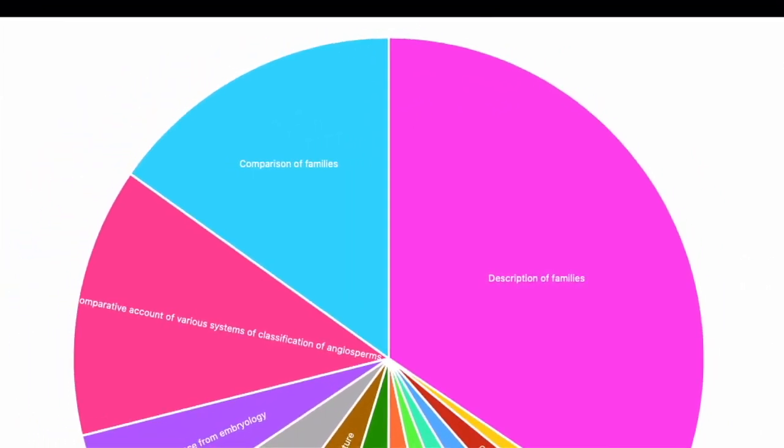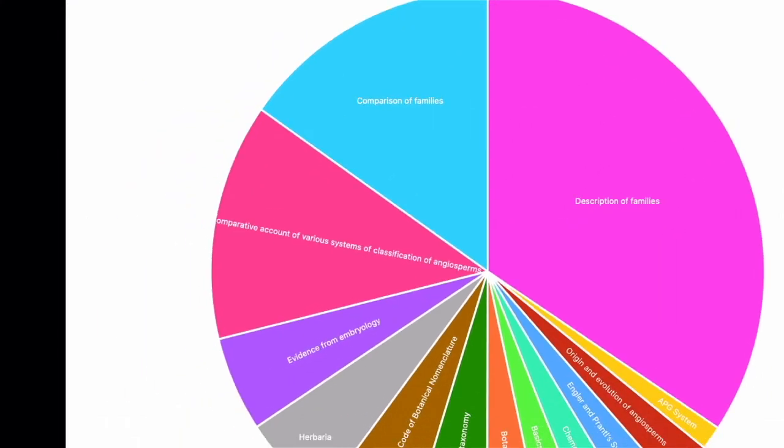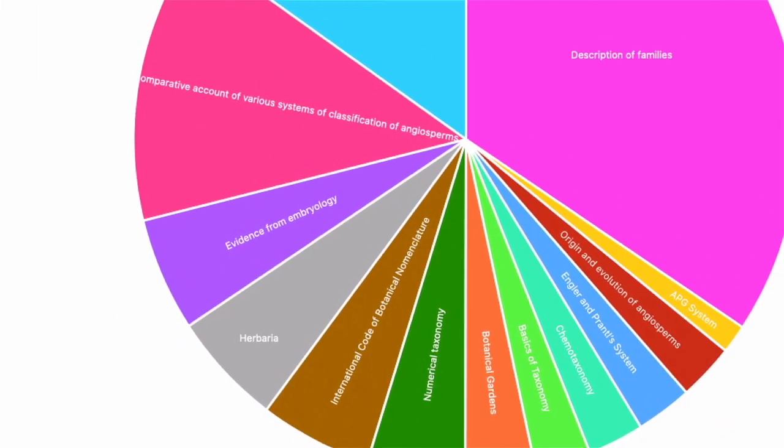In this pie chart, description of families is bigger, whereas comparison of families is relatively smaller, but not so small that you can ignore the comparison part. Also, both the parts taken together account for approximately 50% of the questions, and the other 50% is coming from the systematics part.